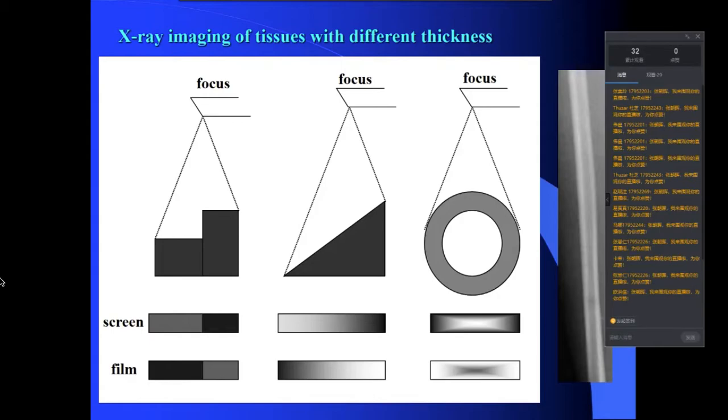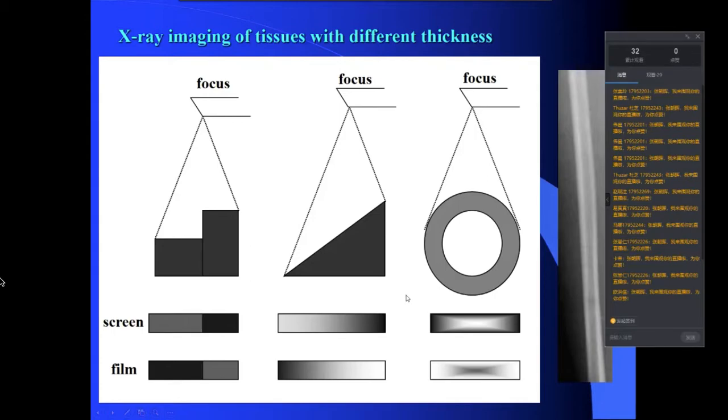I think it's easy to understand that the thinner part of an object will absorb fewer X-rays than the thick part, and therefore appears blacker on the film and brighter on the screen. The same thing happens for this object with a triangular shape. The thinner part looks black on the film and bright on the screen.